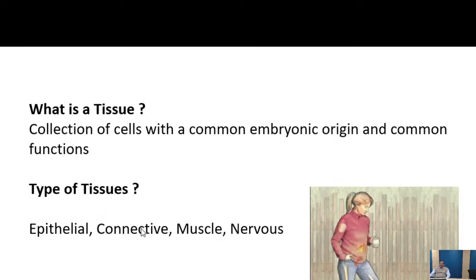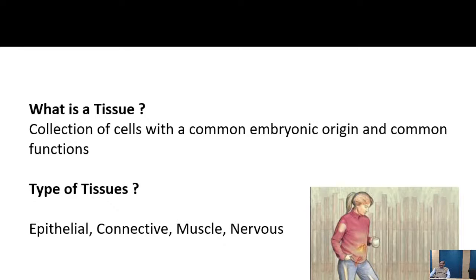The word connective is actually derived from the Latin word meaning to bind. So the connective tissue actually binds the other three tissues together. It is binding them into what? It is binding them into organs. It is binding them into viscera.